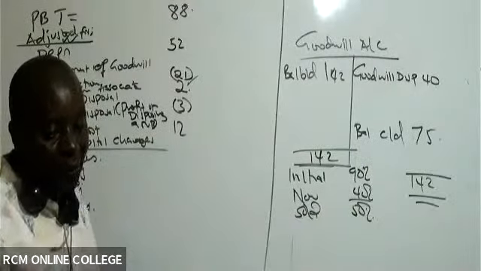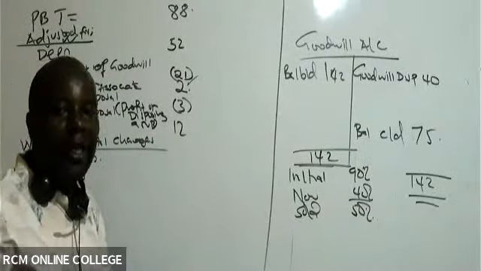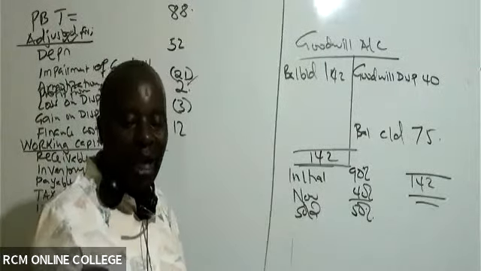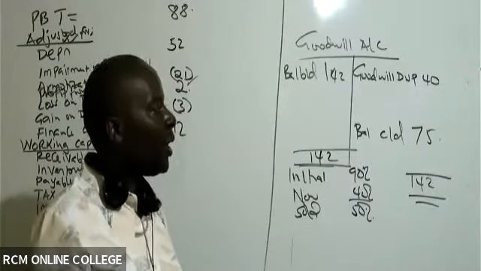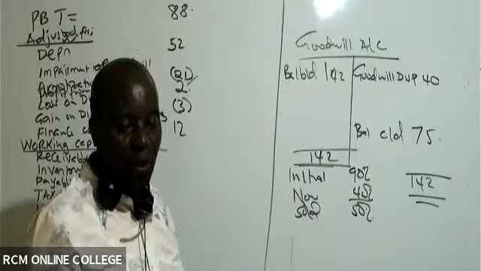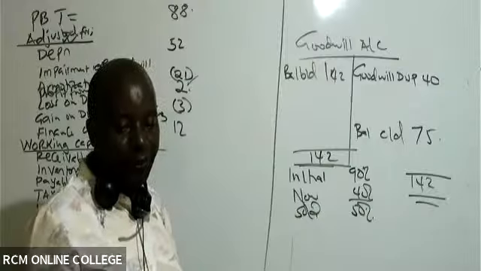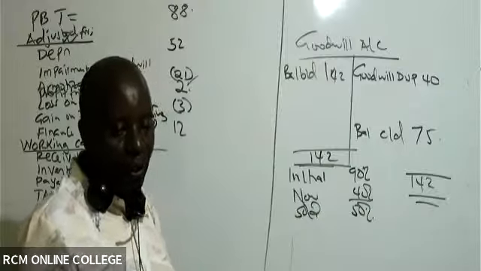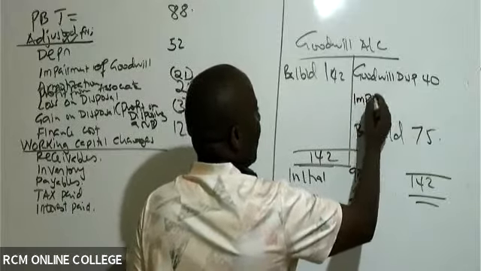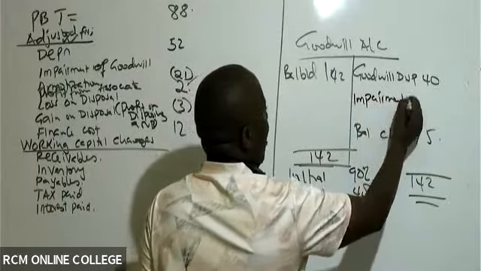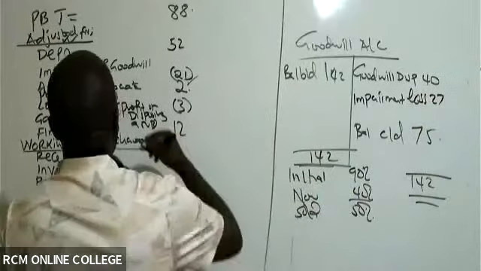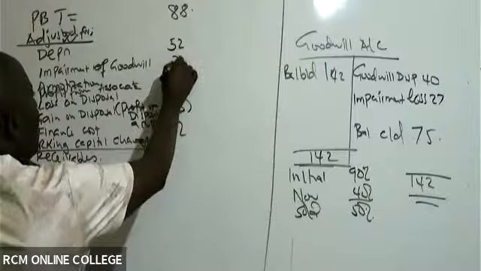Of course the balancing figure here will be goodwill impaired, a loss. Is there somebody who can give me this loss, or goodwill impaired? They're saying it's 27. So the impairment loss, impairment of goodwill, is 27.